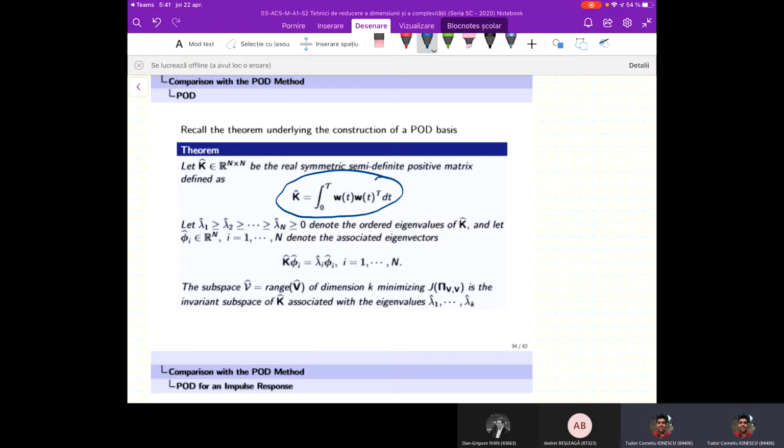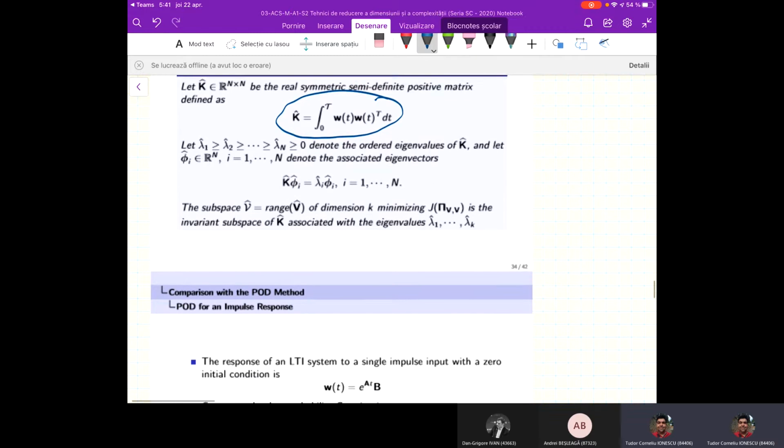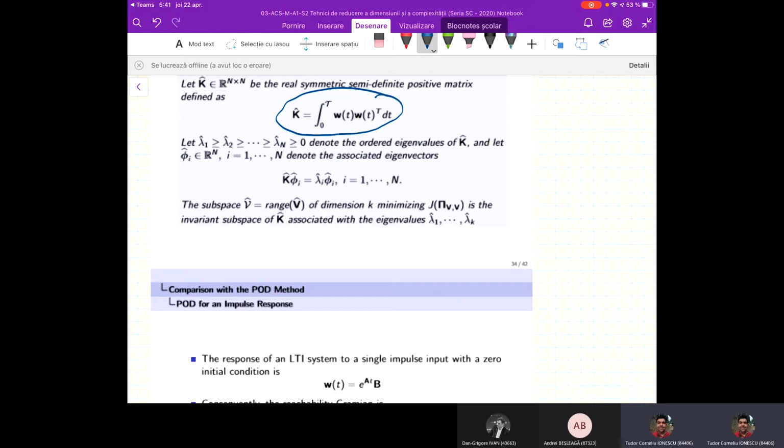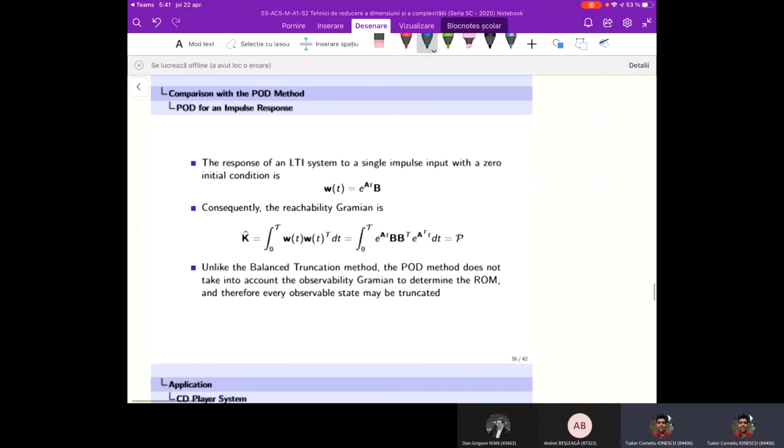And then you compute the eigenvalues of such a matrix, and you build basis functions, the eigenvectors. Then you minimize a specific cost. Then you build your reduced order model on this basis, projecting your system on this specific basis. And then you compare the responses.